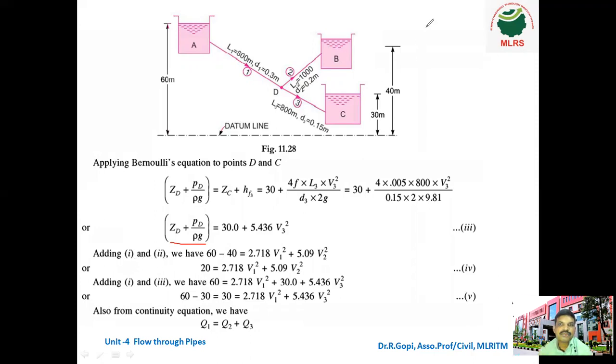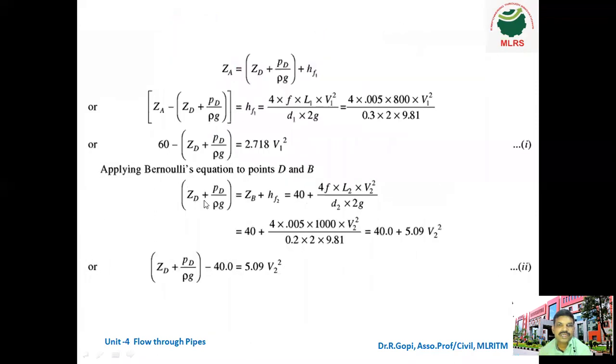Equation 1 is 60 minus ZD plus PD by rho G equal to 2.718 V1 square. Equation number 2 is ZD plus PD by rho G minus 40 equal to 5.09 V2 square.